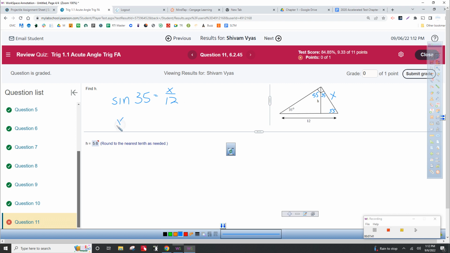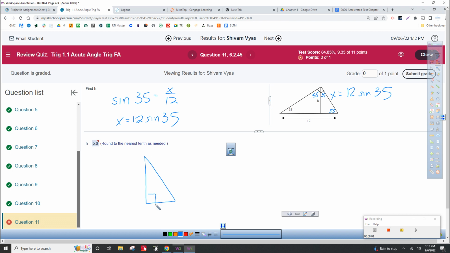So yeah, x is 12 sine of 35. Oh, I think I know what I did wrong. Okay, regardless, we're going to get it right here. I don't think we're going to use tangent. That's what we screwed up.